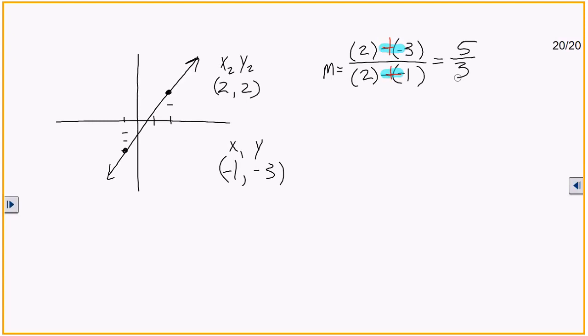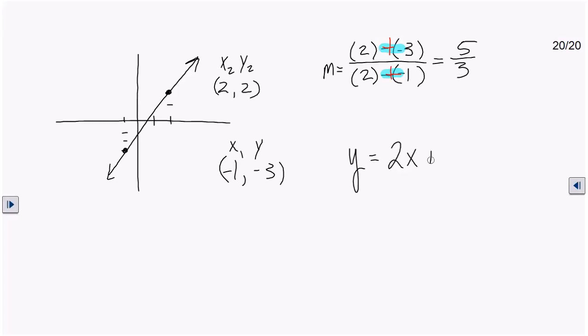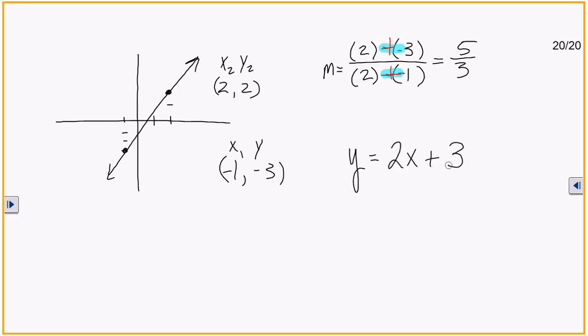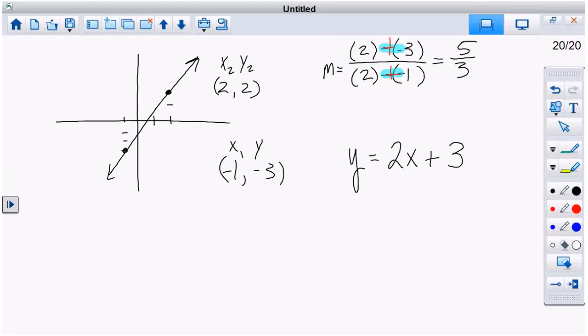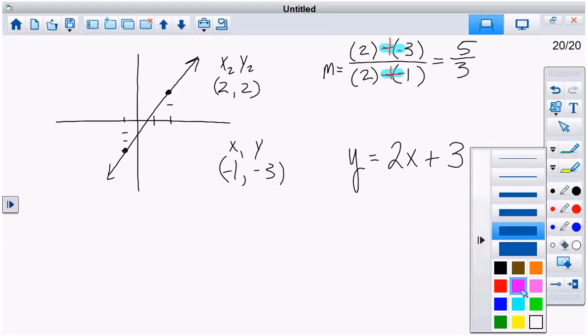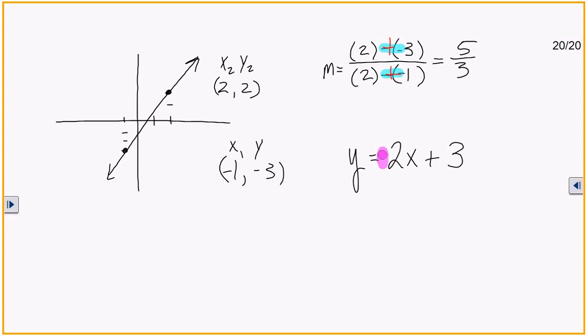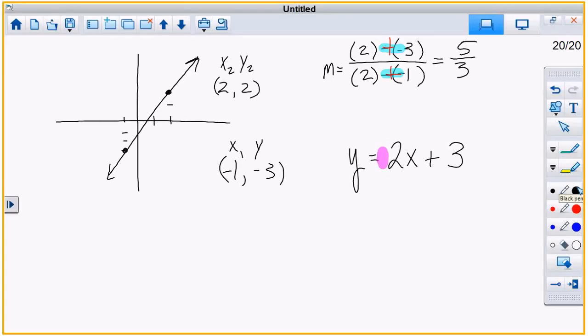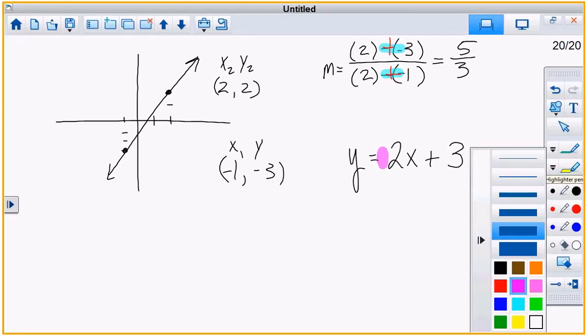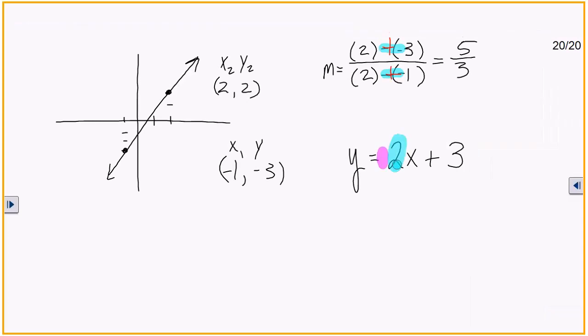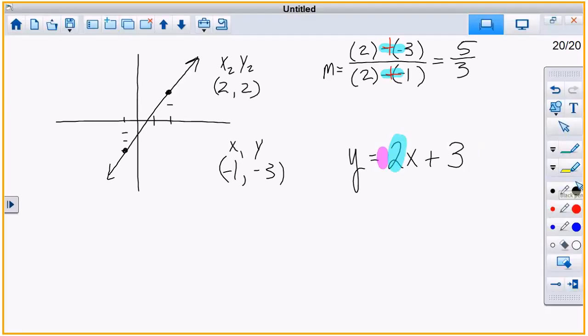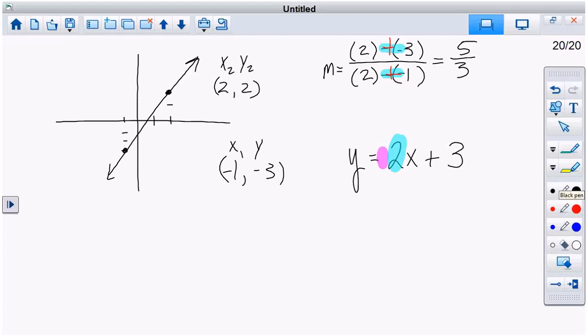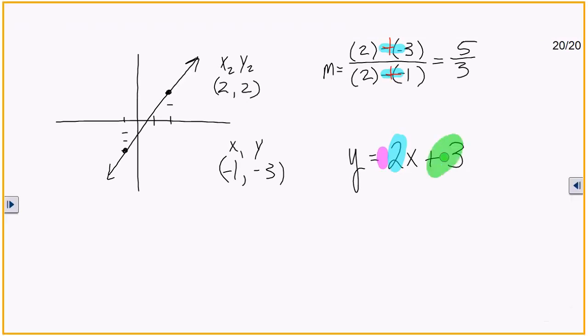And if I give you y is equal to 2x plus 3, you need to know that this has a positive slope. You need to be able to tell me that its slope is 2 over 1. And you need to be able to tell me that the y-intercept, or the vertical shift, is 3.